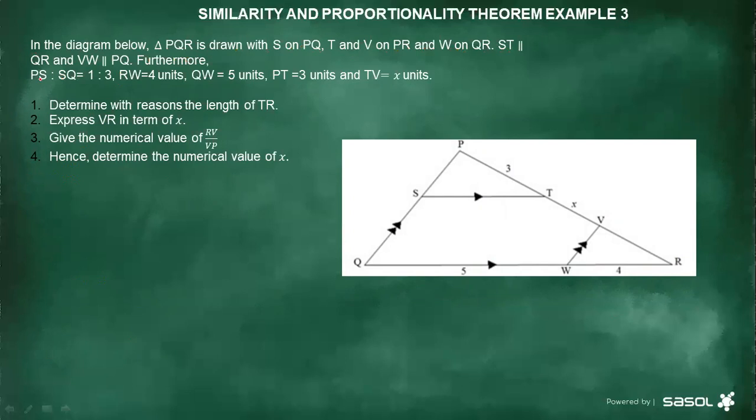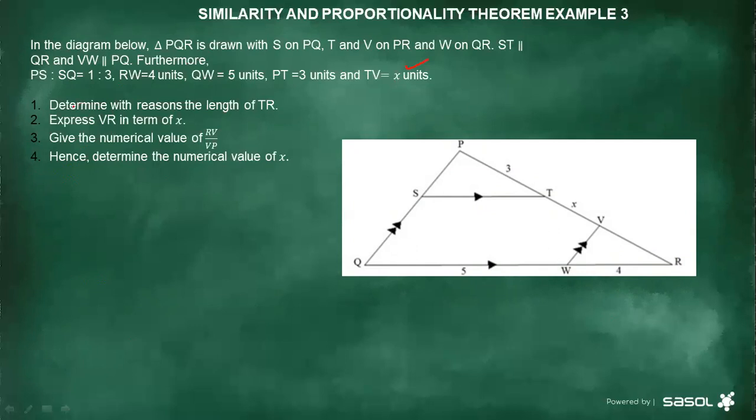Furthermore, PS to SQ in terms of ratio is 1:3. RW equals 4 units, QW equals 5 units, and PT is 3 units in actual distance. TV is X units in terms of actual distance.